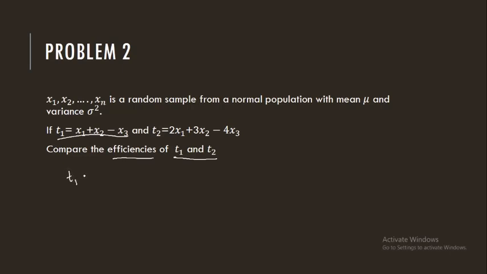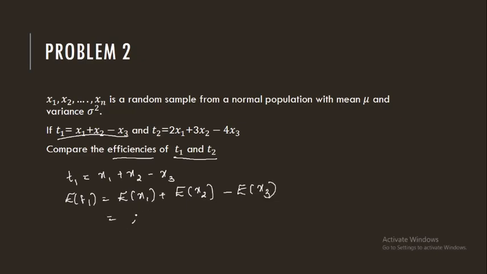The first statistic T1 is equal to x1 plus x2 minus x3, and the expectation of T1 is equal to the expectation of x1 plus the expectation of x2 minus the expectation of x3, which is equal to mu plus mu minus mu, which is equal to mu. So T1 is an unbiased estimate of the population parameter. What about T2?